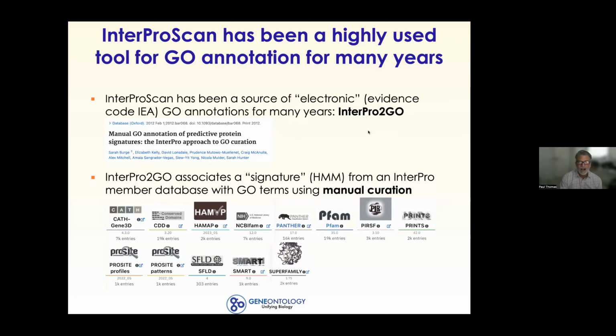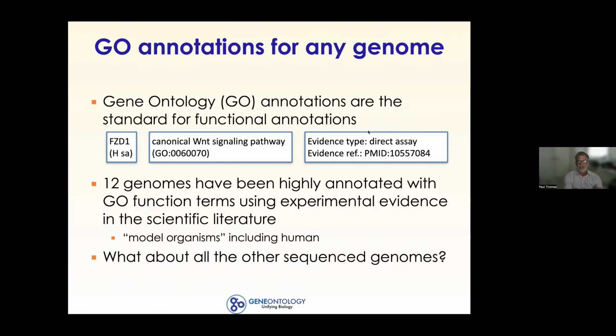Okay. So just a little bit of background, right? The idea is that what we want to be able to provide is GO annotations for any genome. As probably most people on this call are aware, the Gene Ontology annotations are the standard functional annotations in the community.